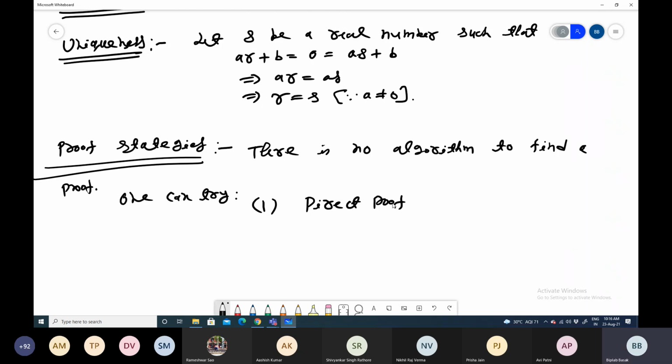And direct proof has many parts as well. For an example, if you have conditional statements, then it has some direct proof. Now, if it is not a conditional statement, then direct proof means you can prove by cases, right? And if you have some finite domain, so you may have some exhaustive proof.